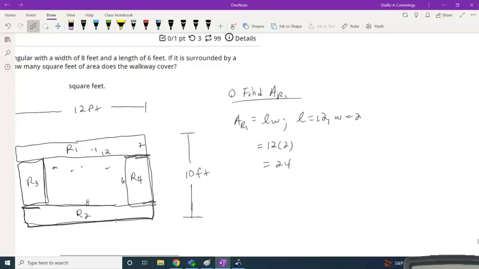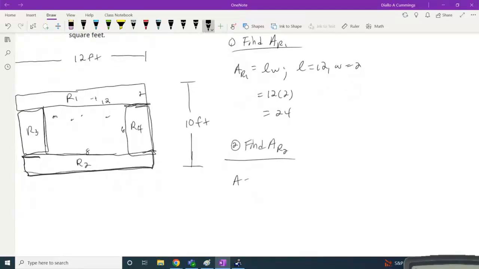The same thing is true for the area of rectangle 2. To find the area of rectangle 2, I'm going to use the area formula for a rectangle, the length times the width. The length is going to be 12.